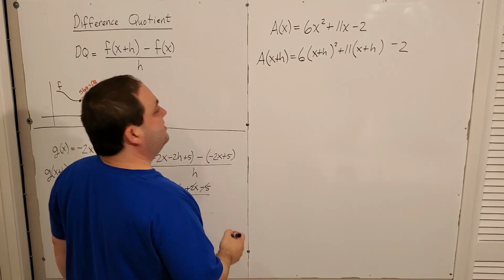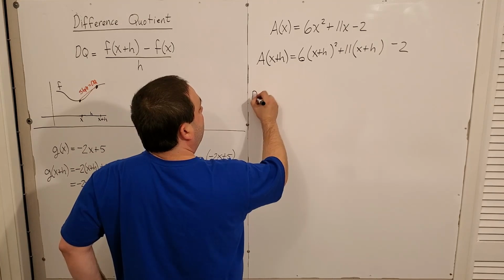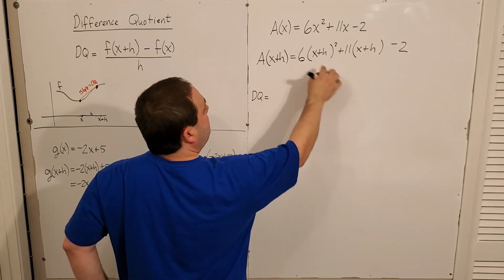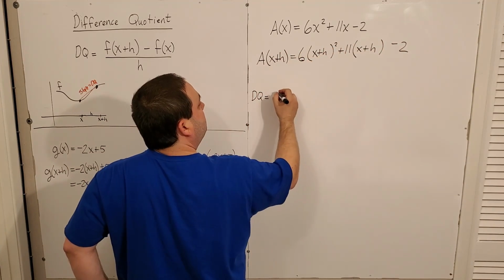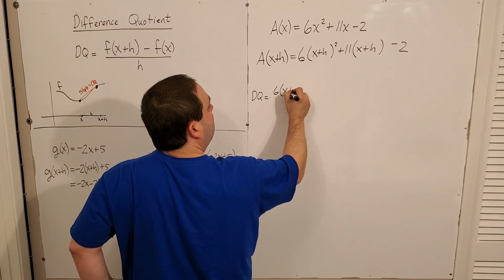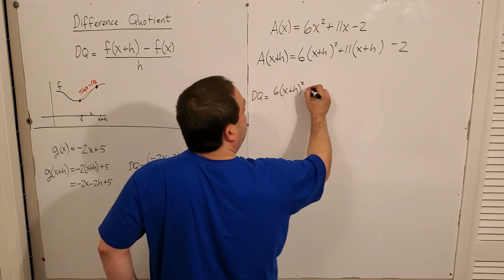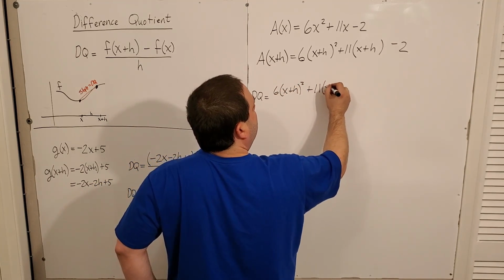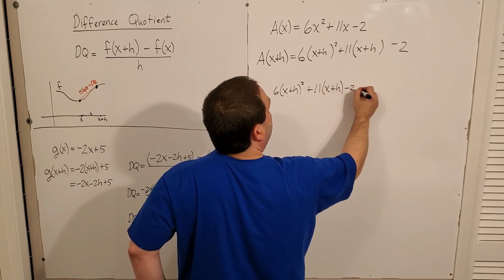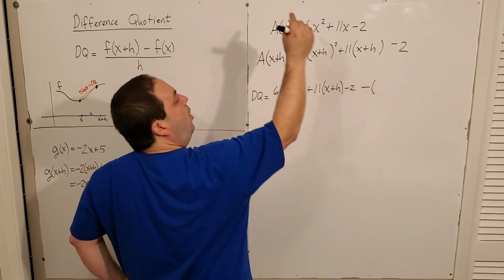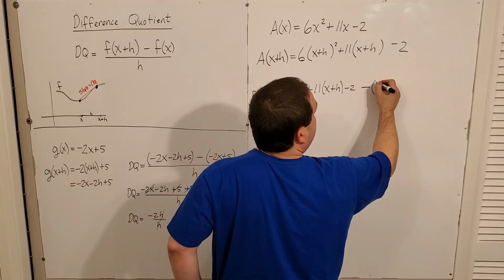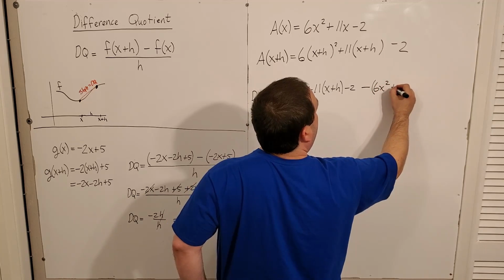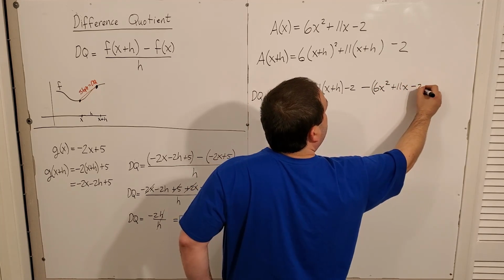Okay, so let me set up the difference quotient. The difference quotient is going to be this piece minus all of that at once. And I say that at once because I need you to realize why I'm putting this in parentheses.